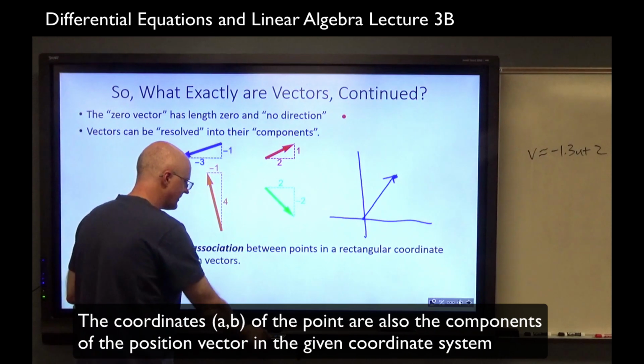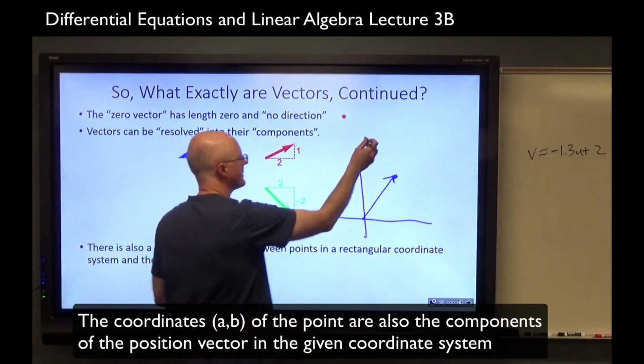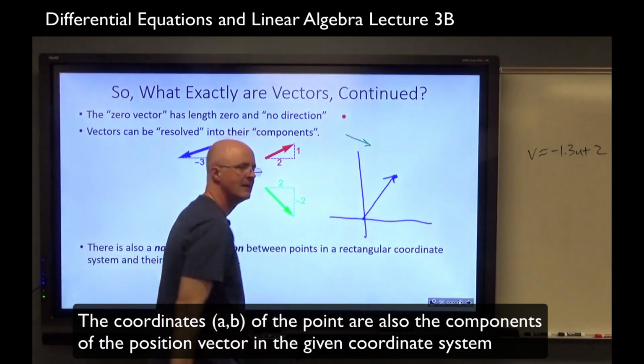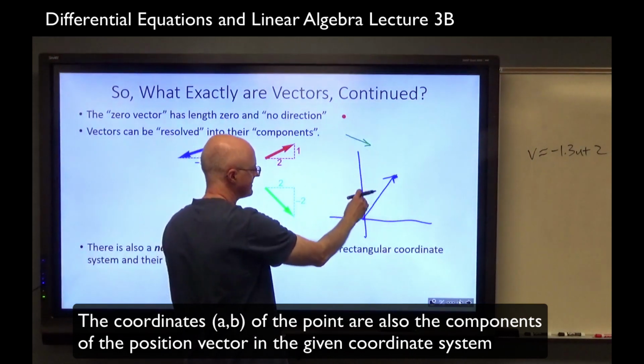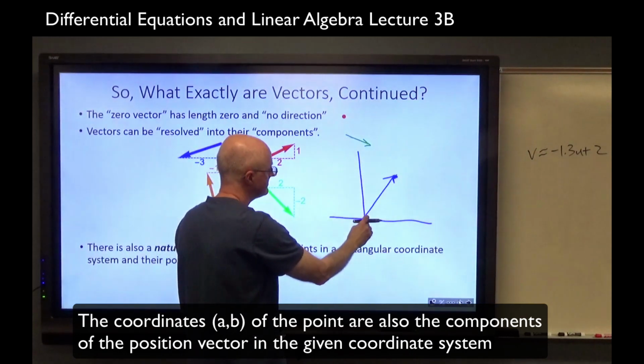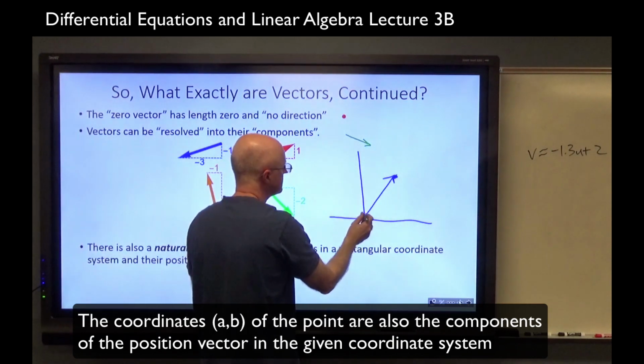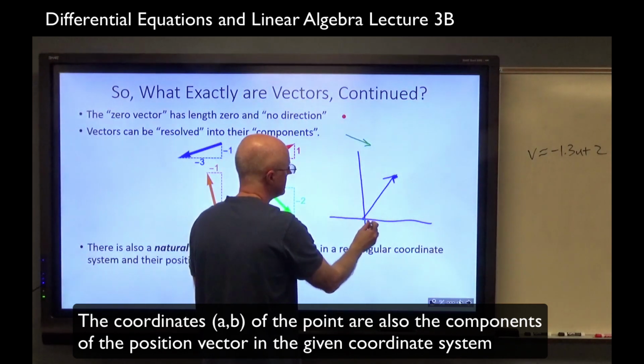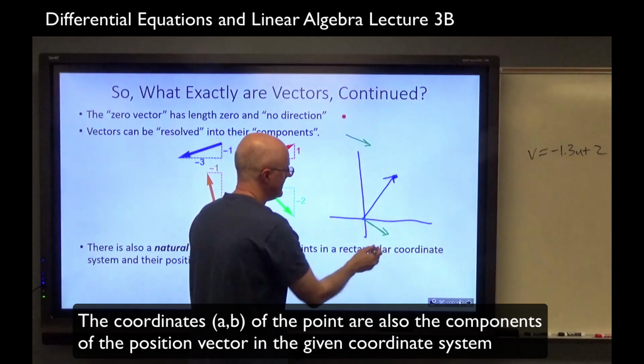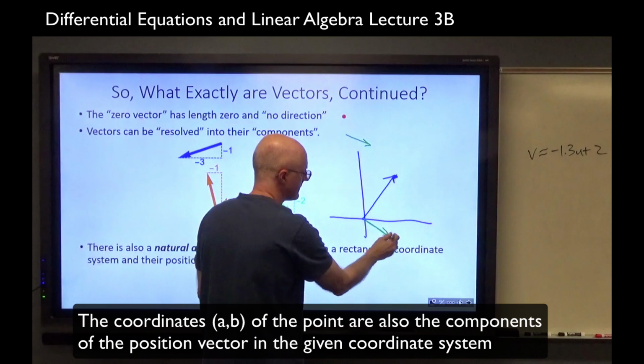Likewise, if I got a vector drawn at an arbitrary location, I can translate it without rotating it, or without stretching it, a rigid translation, so that its tail is at the origin, and pretend this has got the same length and same direction. It would correspond to this point right there.